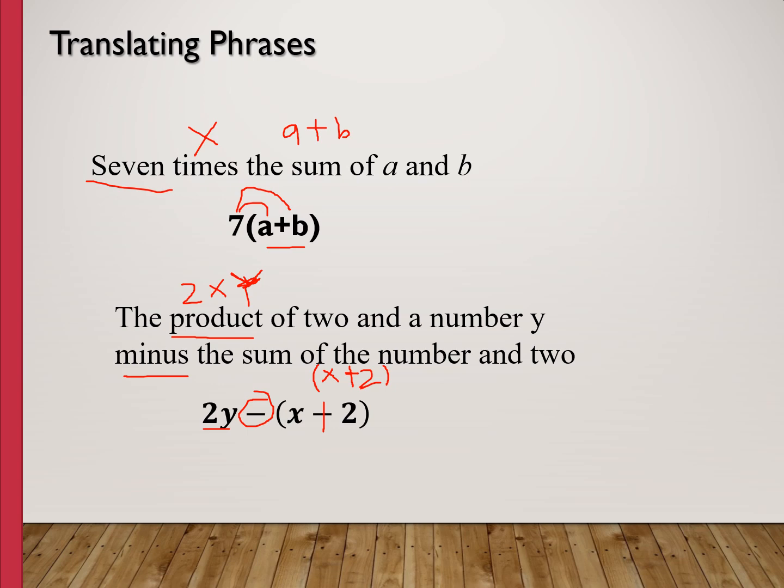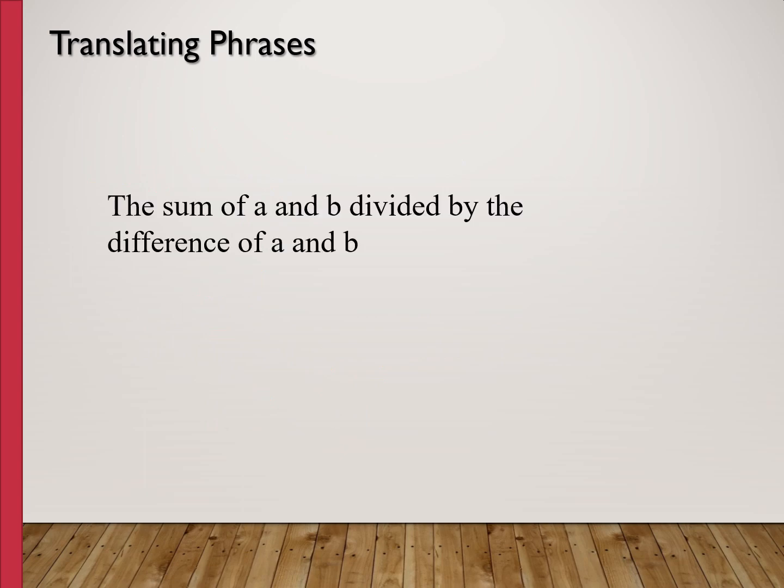Okay po. Next, the sum of a and b divided by the difference of a and b. Sum of a and b, sum means addition. So a plus b. Divided by the difference of a and b, so a minus b.